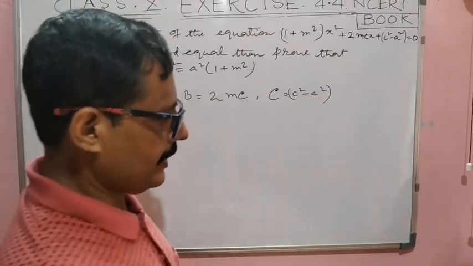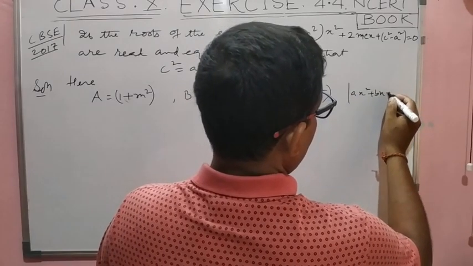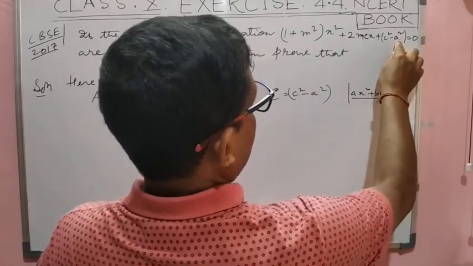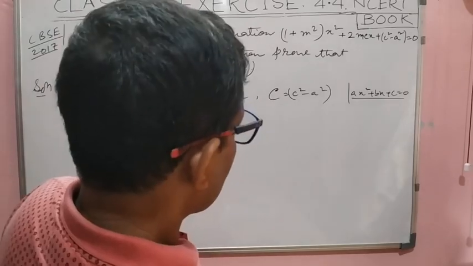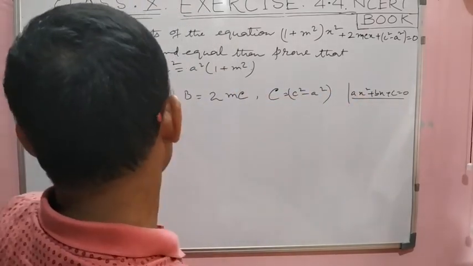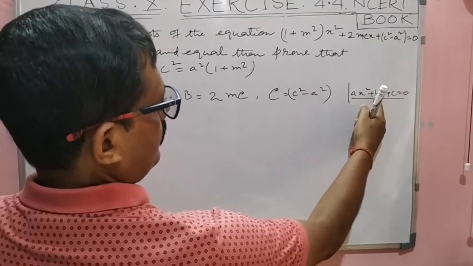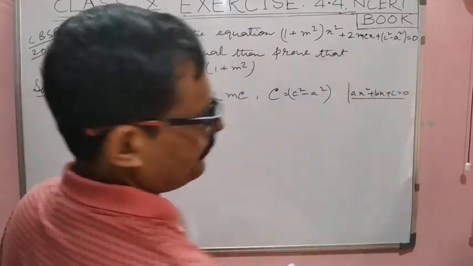Our standard form was ax square plus bx plus c equal to 0. But already they have given a, c, all this, small. So to identify this coefficient of x square as a, we are using capital A. So capital A equal to this, this is considered as capital B, and capital C equal to this one. Got it?